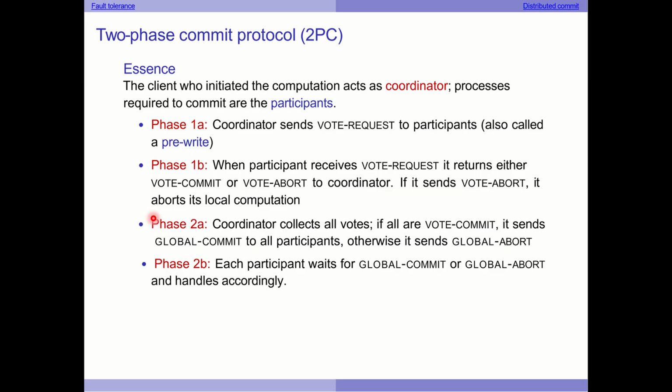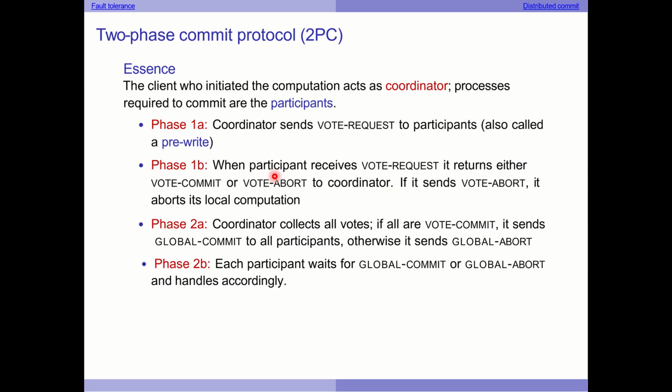The essence of the two-phase protocol is this. The client who initiated the computation acts as the coordinator, and the processes required to commit are the participants or workers. Under phase 1A, the coordinator sends a vote request to participants, also called pre-write.